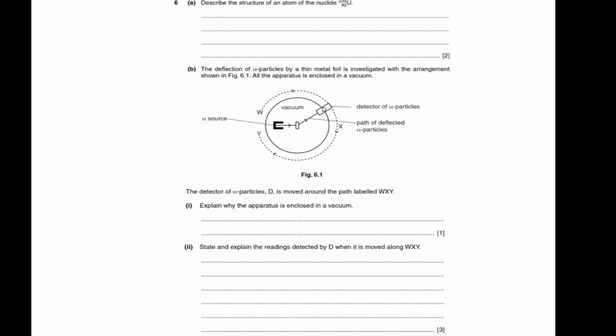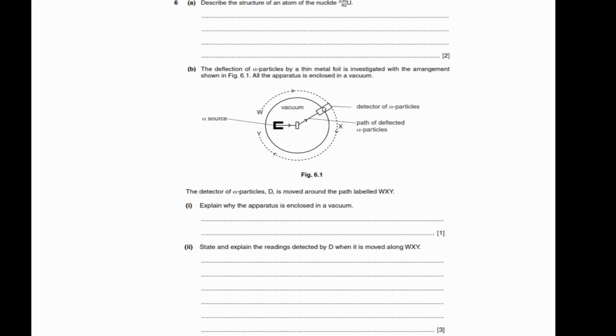If there were air molecules inside here, because it's not a vacuum, then chances are your alpha particles will collide with the air molecules along the way, which will cause these alpha particles to be either deviated or stopped. If they are deviated, then the deviation that we observe is no longer due to the proximity to the nucleus, but due to collision with air molecules, which affects our reliability. So that's the first part here.